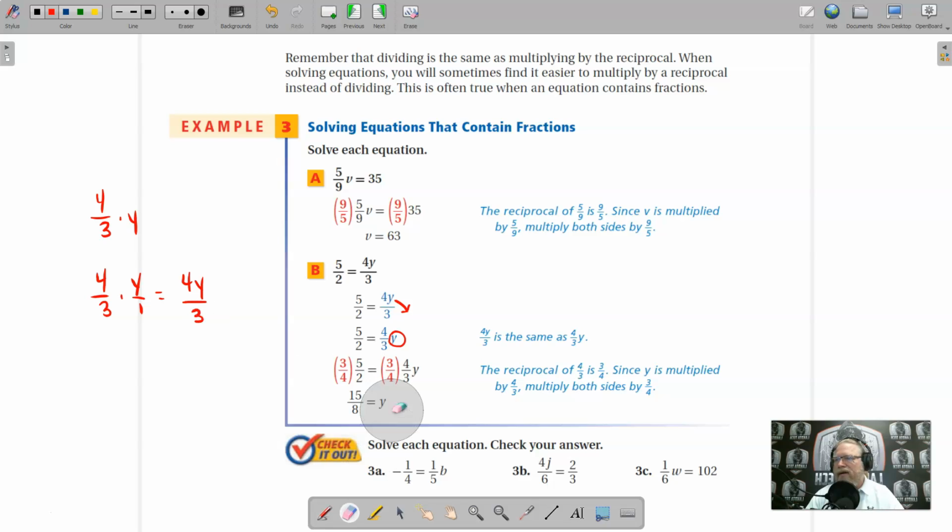Which is what we have right here, 4 over 3 times y.